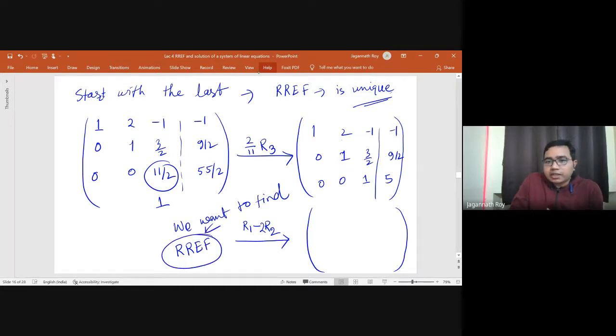So in RREF, what happens is that 1 is there at the pivot elements, and all others are 0. So we want 0 here, we also want 0 here, we also want 0 here, if possible. So for that, what we do? We do some more row operations.